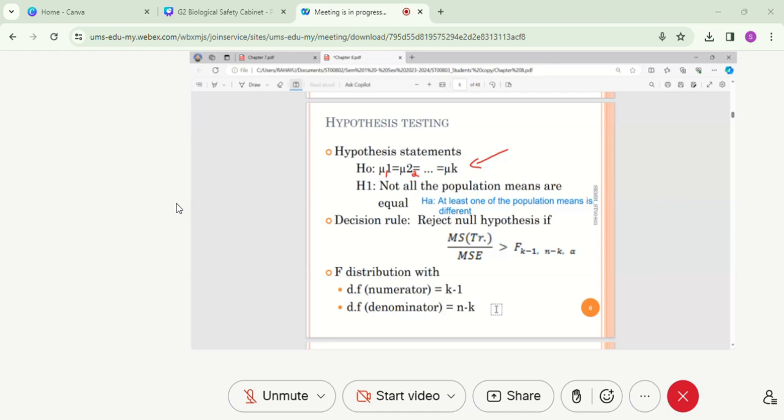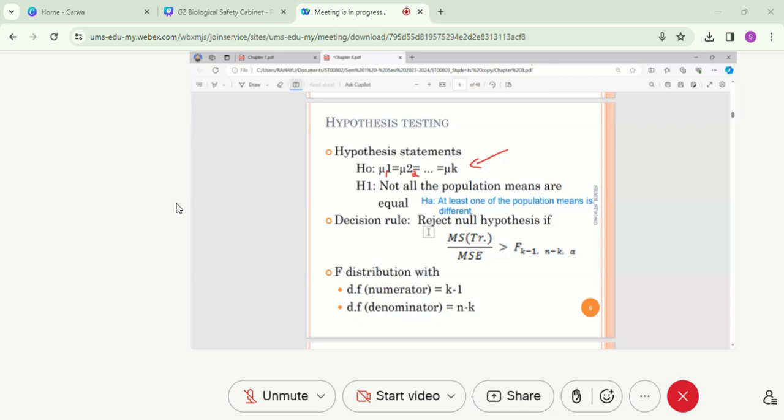So you don't need to have every mean different from each other. No, you don't have to. It is sufficient if only one of the population means differs from the others.